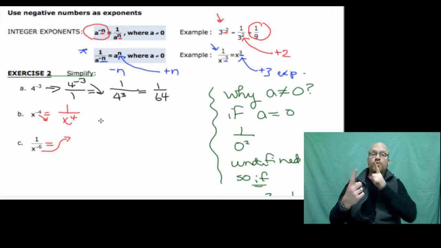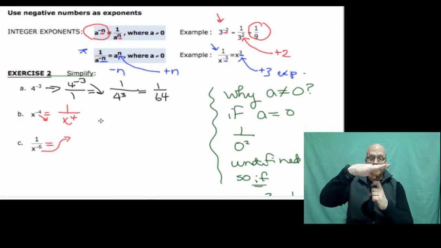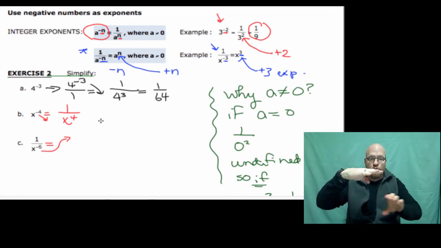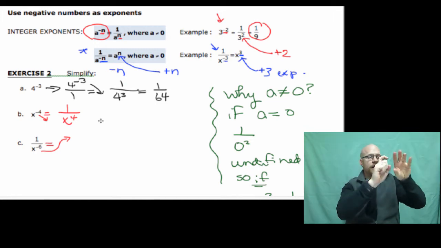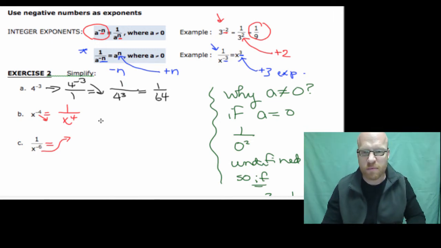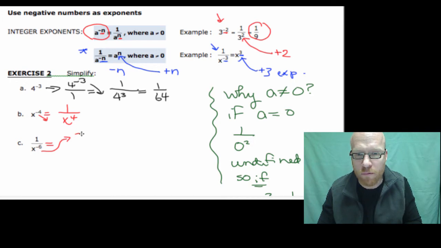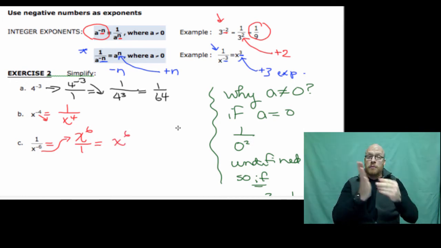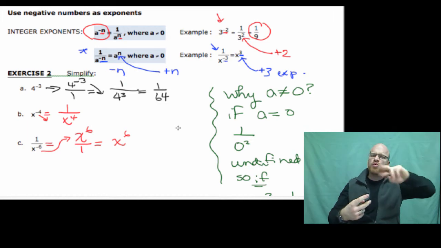Now in C, with the opposite situation, if the denominator has a negative exponent in it, you move that variable with the exponent to the numerator and it becomes positive. Some students felt like, well, we'll just switch them all.